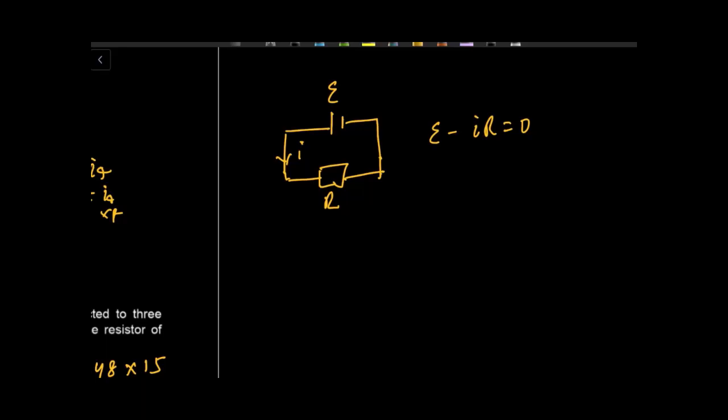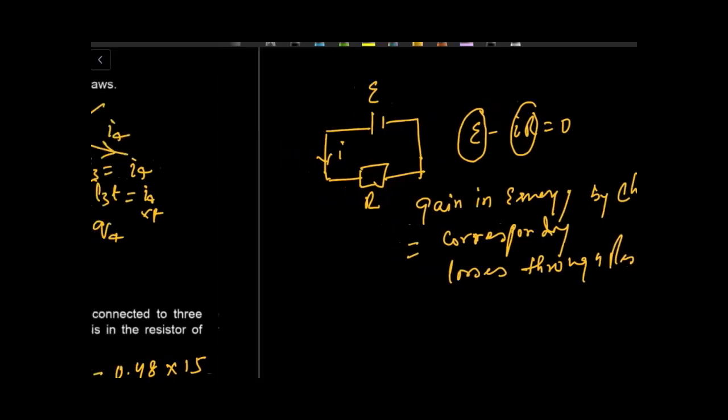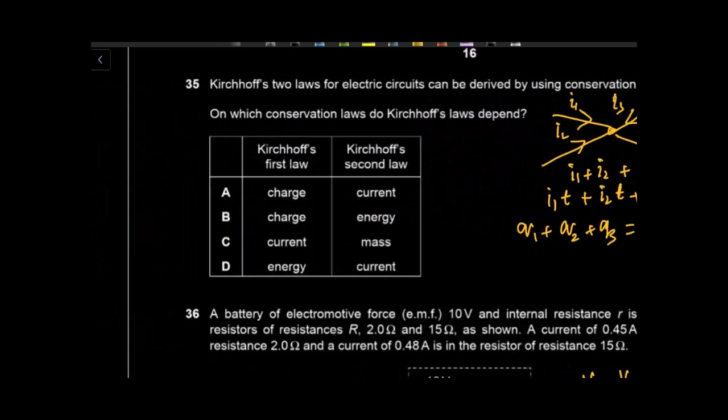It gains some energy here, and then it loses some energy here. So it must gain as much energy as it loses. This can be summarized as the gain in energy by the charge being equal to the corresponding loss through the resistor. So basically this is the conservation of energy. Out of these three, option B is correct.